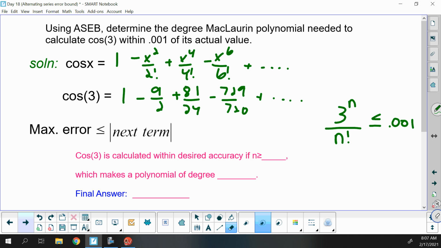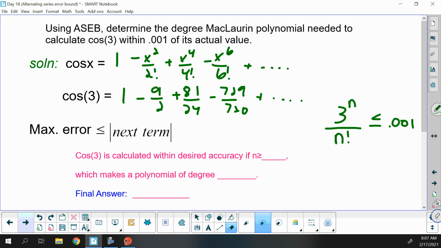Now remember, by putting an n, this is going to allow us to identify the error term. And then the term before that is the one that we would have to go out to. Now, the reason it's important to do it this way and not with an n plus 1 is cos is only even powers. So when we go to our table, we're only going to look at the even values. We're not even going to bother looking at the odd values.